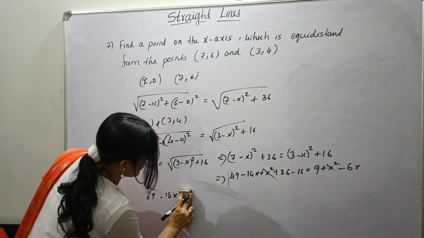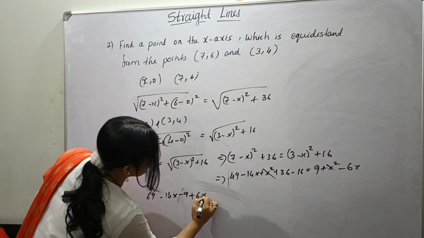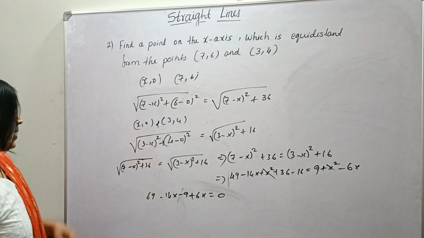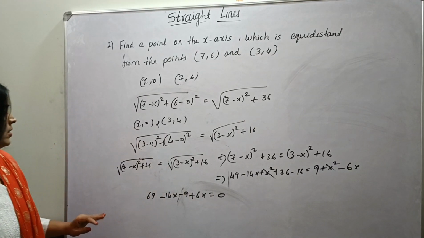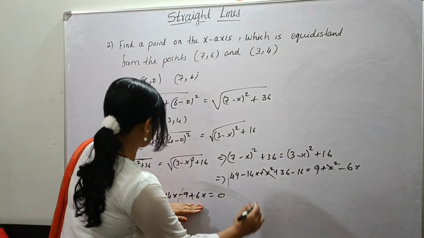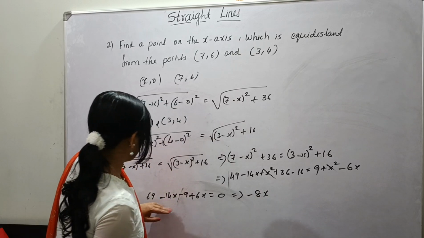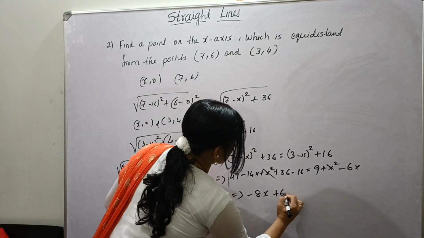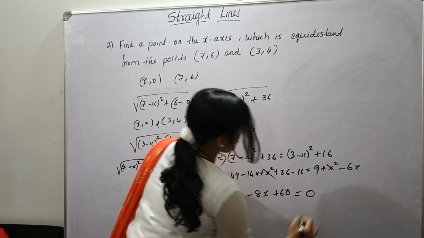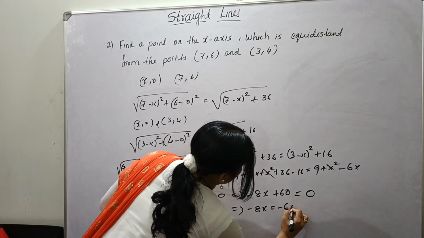Take 9 minus 6x to the left side, so it will be 69 minus 9 plus 6x is equal to 0. That implies minus 14x plus 6x is minus 8x, and 69 minus 9 is 60. So minus 8x plus 60 is equal to 0, that implies minus 8x is equal to minus 60.